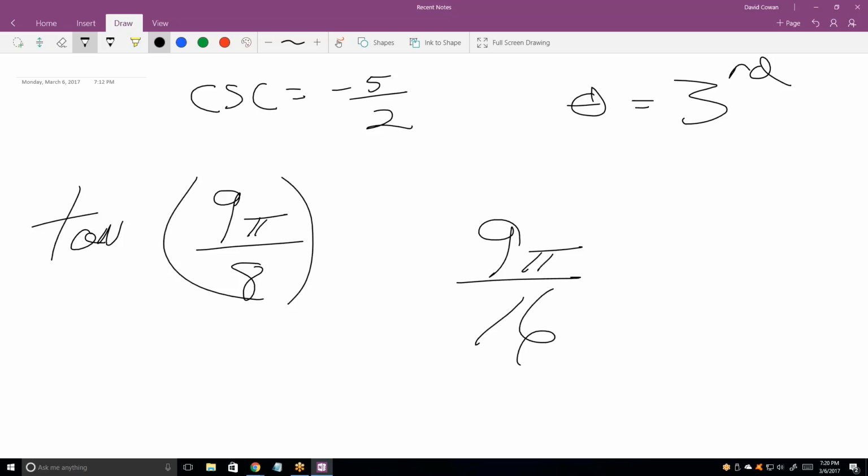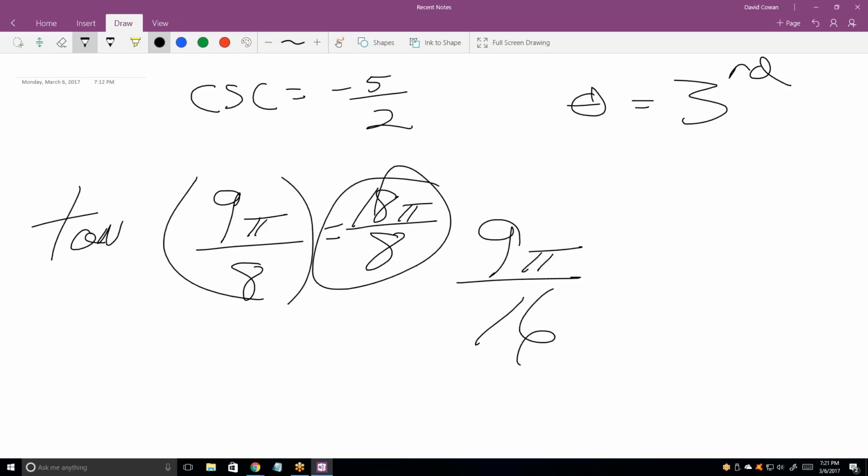Or I multiplied it by 2, which gave me 18 pi over 8, and that is a common angle. That is pi over 4. So whenever you see an uncommon angle that they're asking for a specific value, you can always tell by either halving it or doubling it. If either of those produces a common angle, then you know what to do.